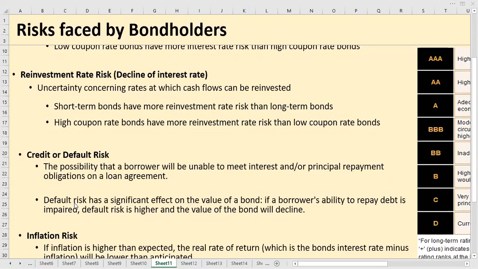So the default risk is that if something happens to the company, if the company goes bankrupt, or if the company is not in a position to pay the interest and the principal because its financial position is bad, then we have a default risk.